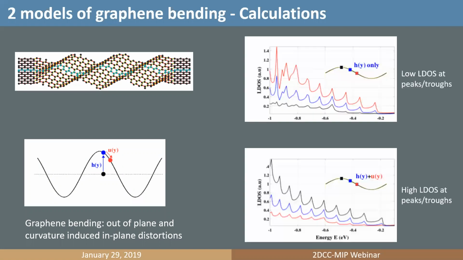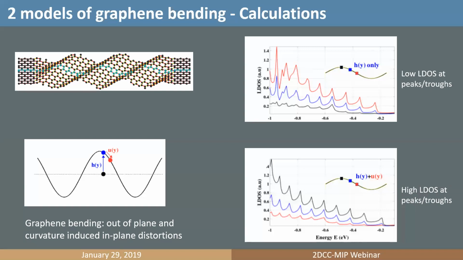When you calculate how the density of states changes in graphene, they find, surprisingly, that yes, there are equally spaced peaks. However, if you consider only the out-of-plane bending, then the higher magnitude of the density of states occurs in the middle, not at the peaks.